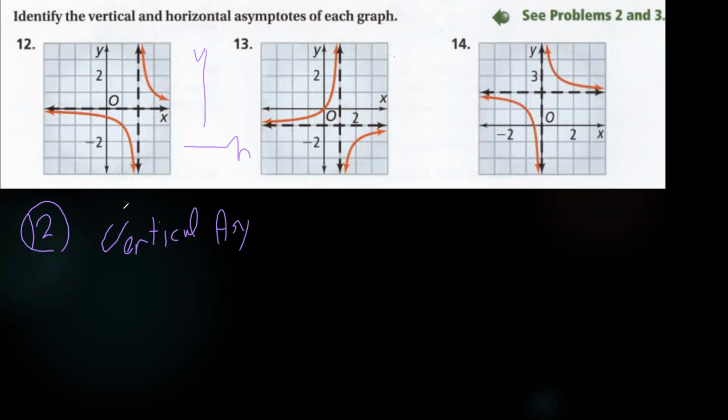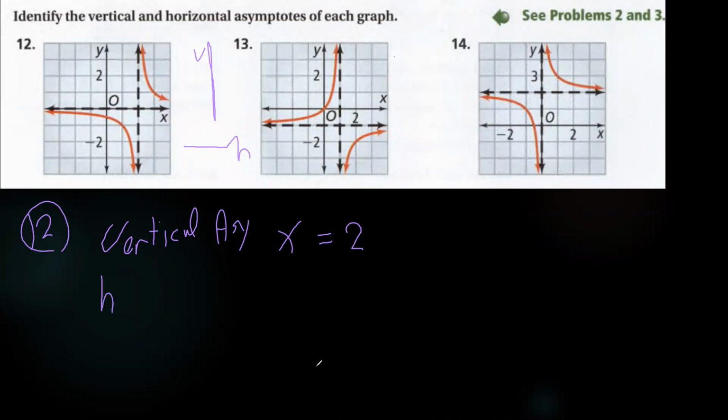Since it intersects the x-axis, I will say x equals 2. When I draw the vertical, it will intersect the x-axis, so that's why I say x equals something.